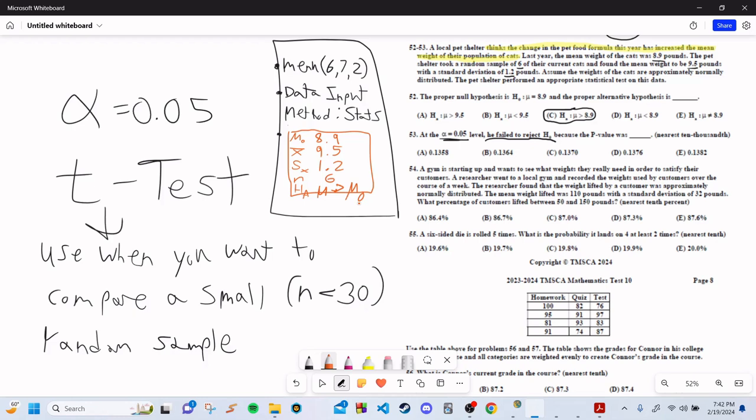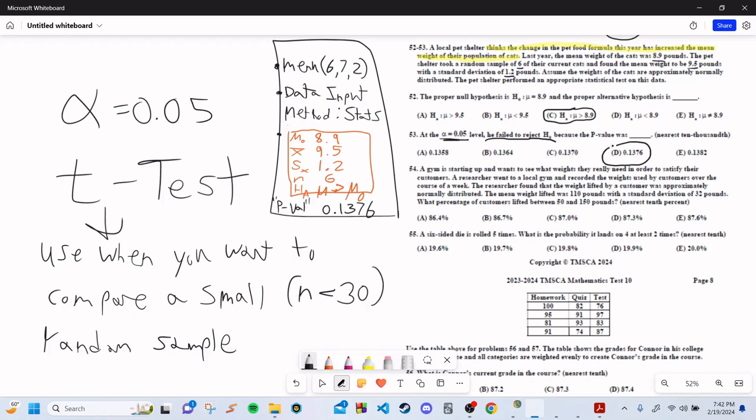So after typing in all of these values into the dialog box, it outputs a p-value under p-val as 0.1376.